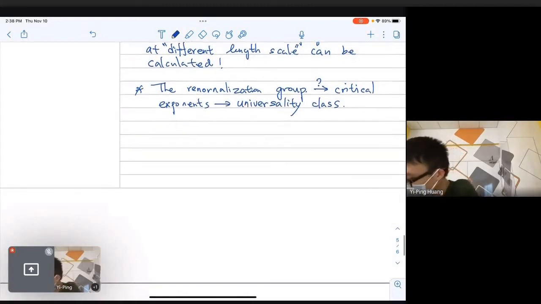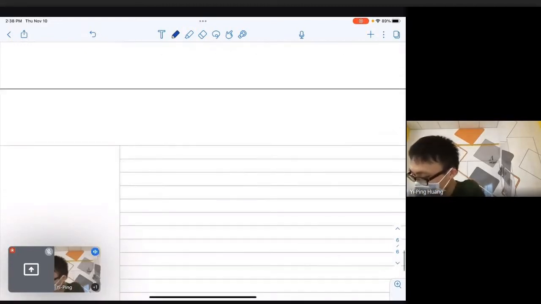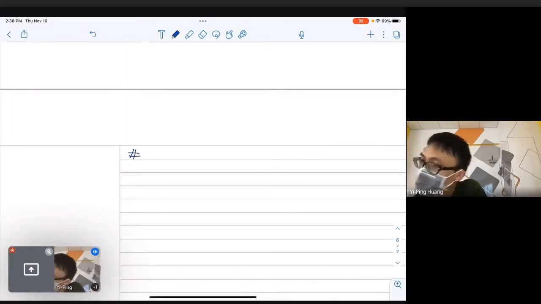So the idea that we are going to follow is Kadanoff's idea, and his idea will be based on two very important assumptions.